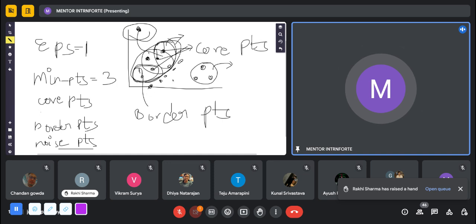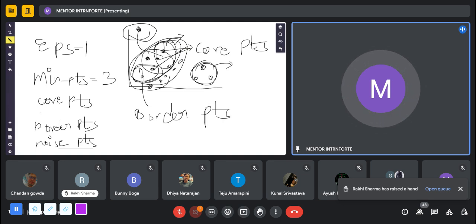And a time will come when it will stop expanding. Then it will go to the next random point which is outside this entire thing. So maybe here, again it will keep on finding, and then this will become one cluster and this will become one cluster, and whatever is left out is your noise.